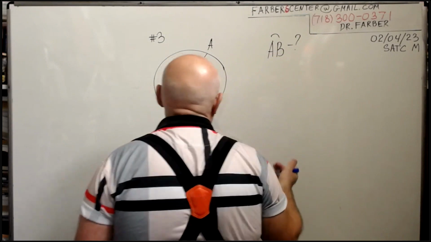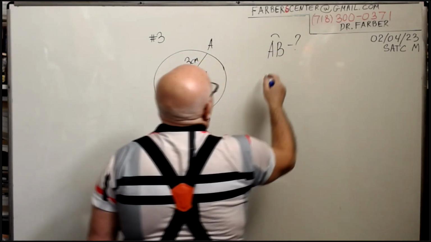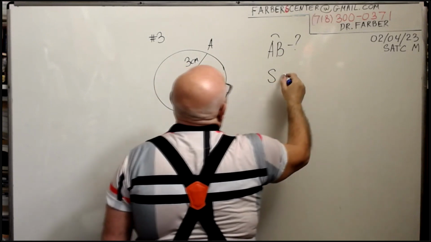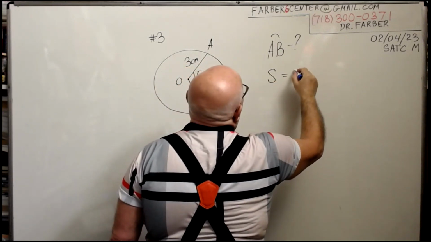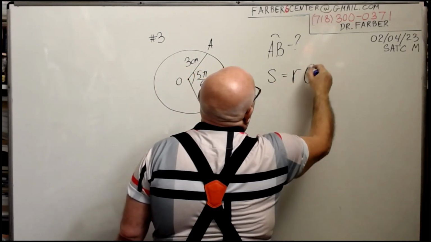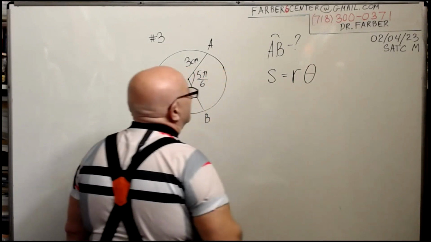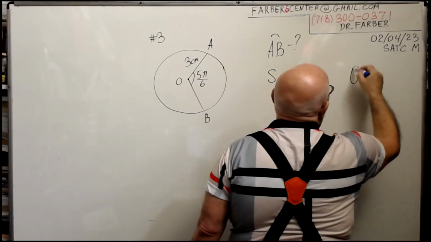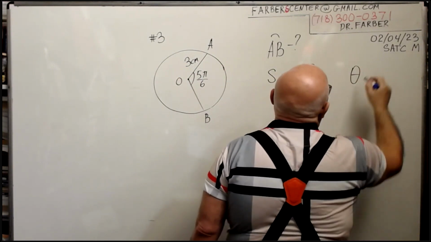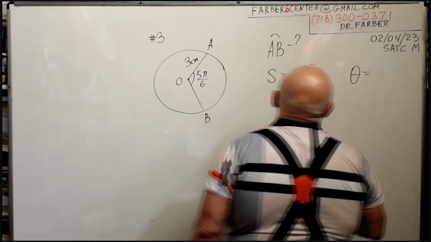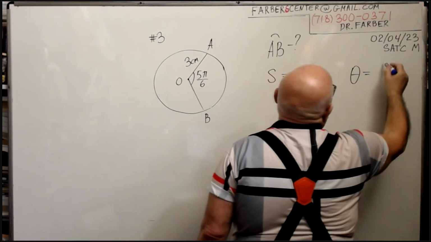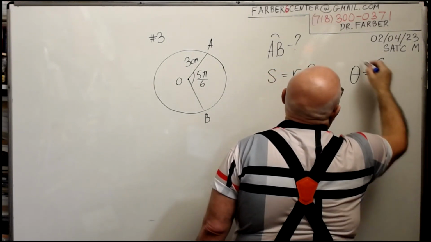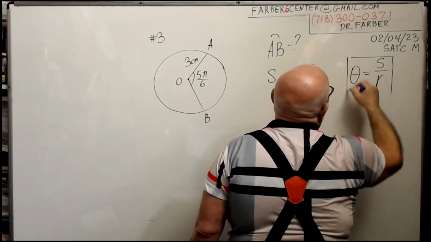And here you have the formula: S, the length of the arc, equals R theta. Why? Because what is theta? By definition, theta in radians is the ratio of the length of the arc to the radius. This is the definition of angle in radians.